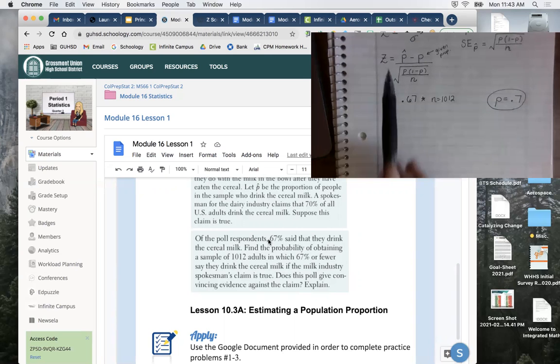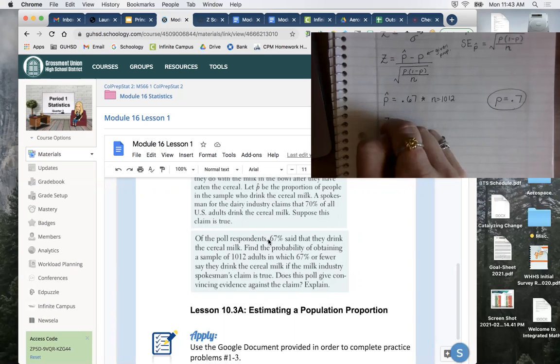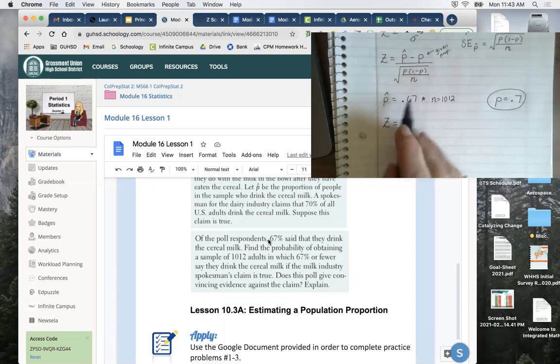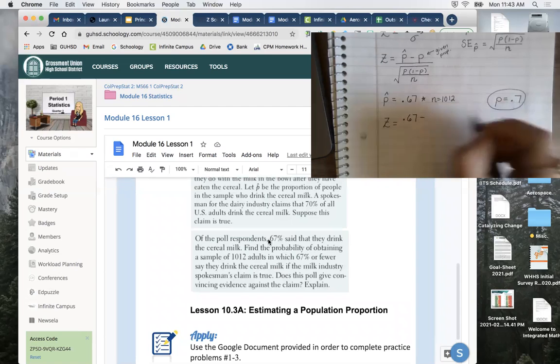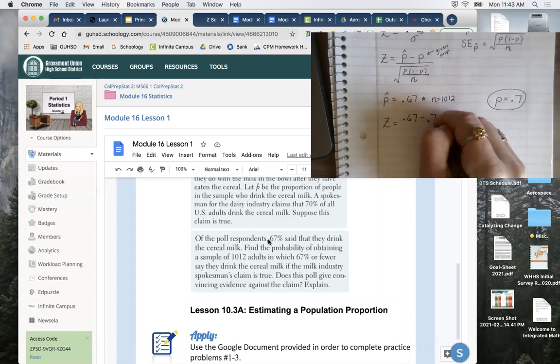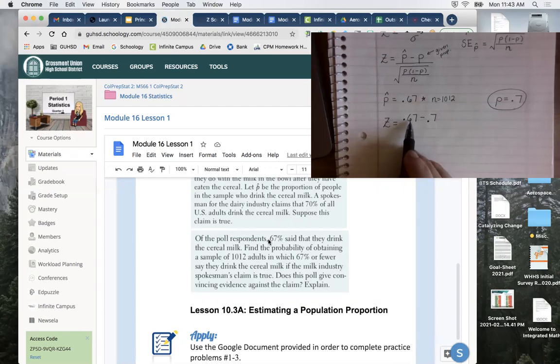Okay, so we're going to complete a z-score here. This is the formula for z-score, and this is the one that you're going to end up using right here. We're going to take our sample proportion minus our actual proportion, or what they're claiming. They're claiming that it's 70%. I think it's less. And then we're going to divide by the standard deviation. So the standard deviation, I'm going to have to use this formula right here.